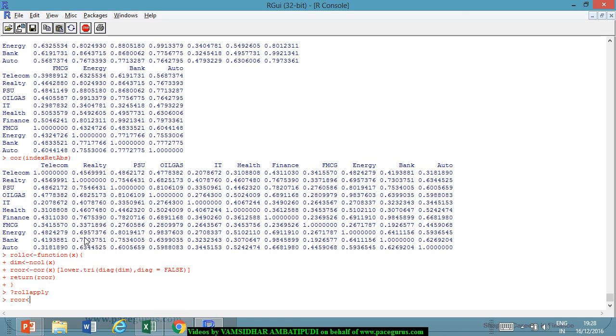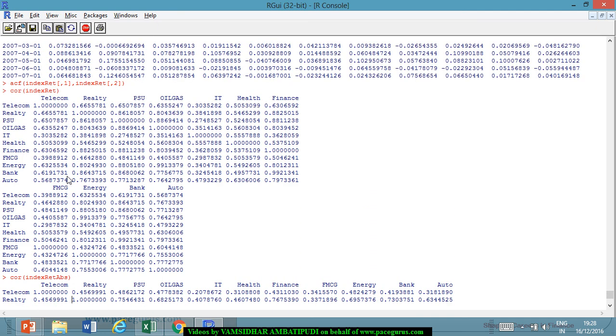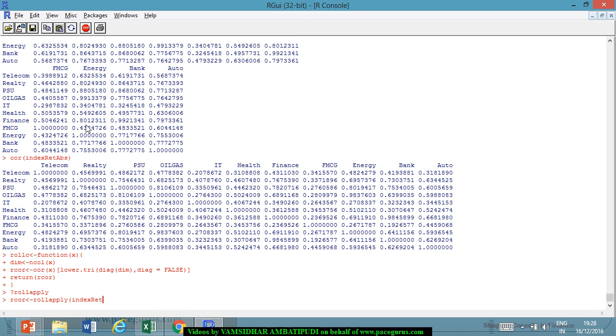So I'll create a RCOR, which is like a rolling correlation, where I would do a roll apply, where I would consider the index returns itself. So I'll consider the index red. This is the value that I would consider. I have to specify what is the width for the roll, right?